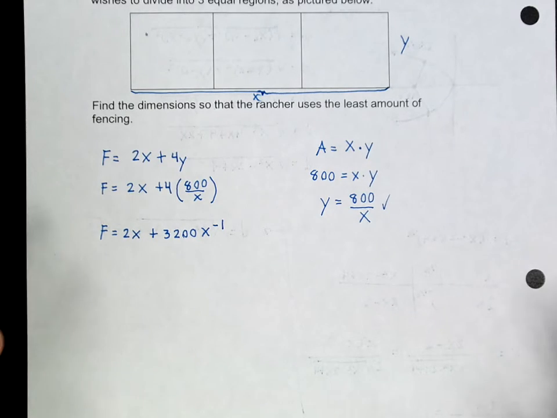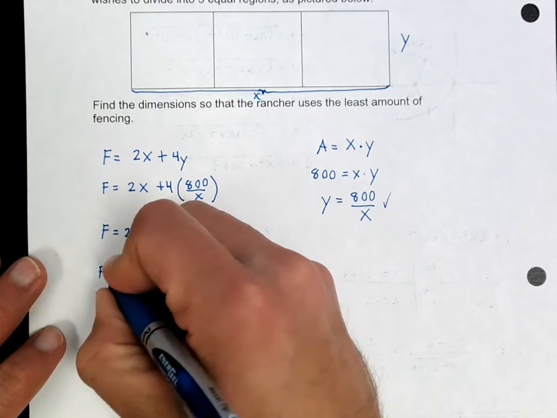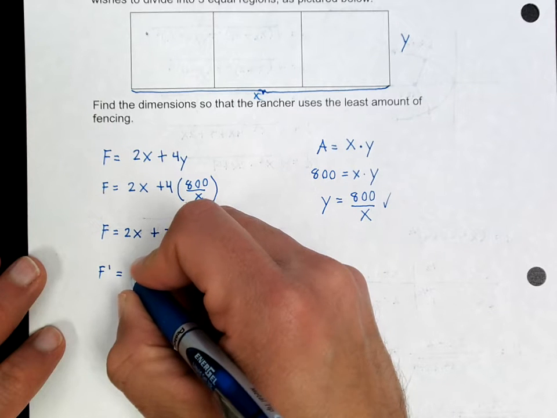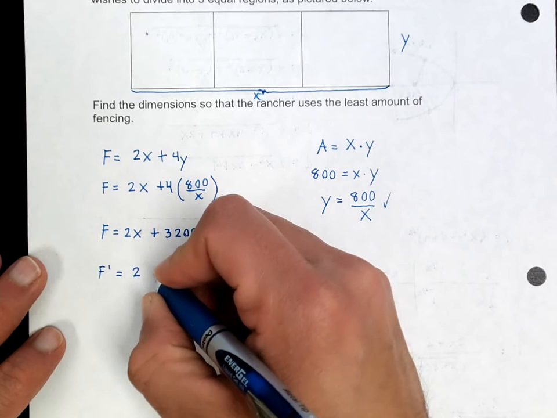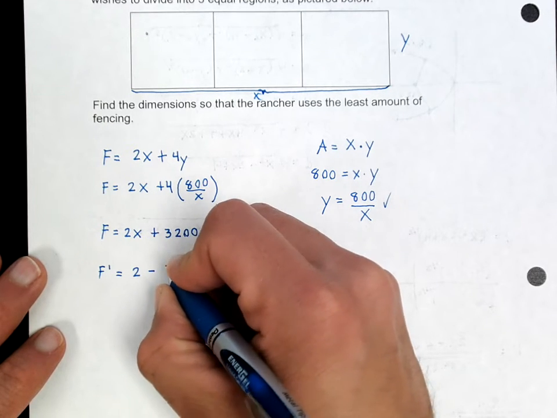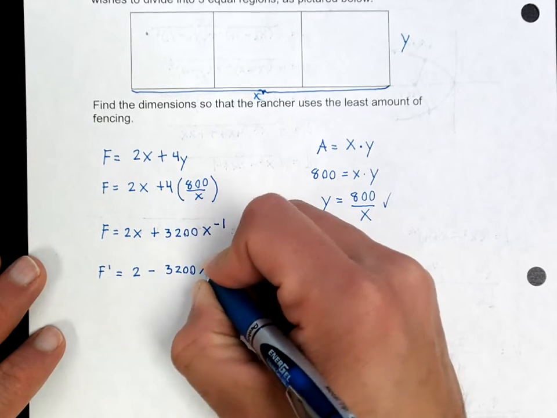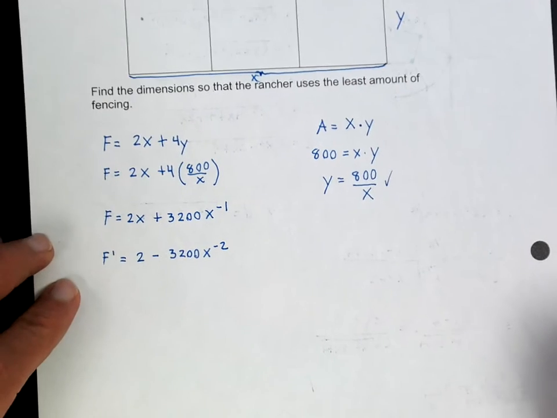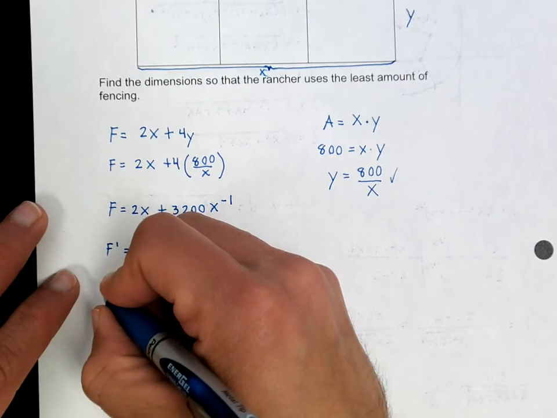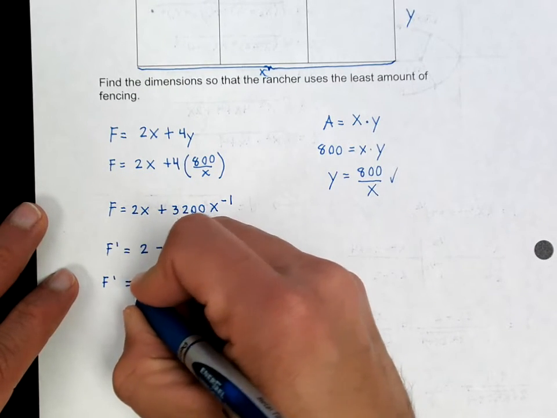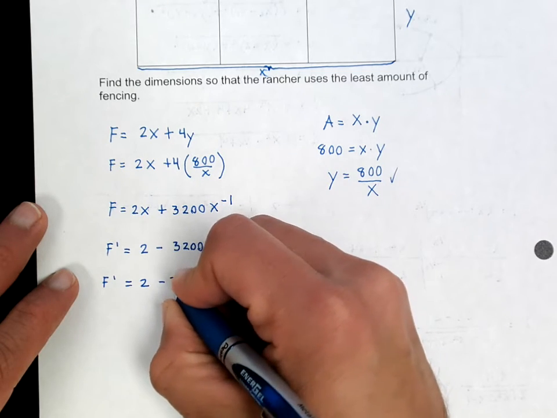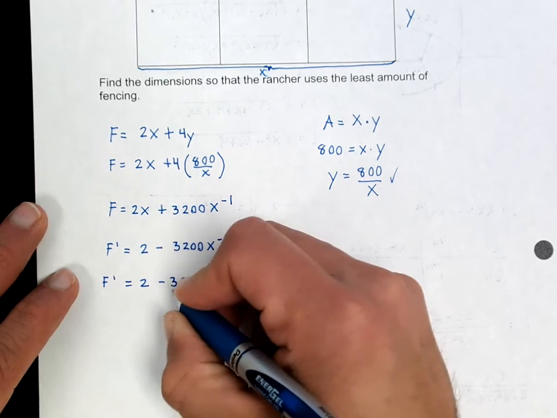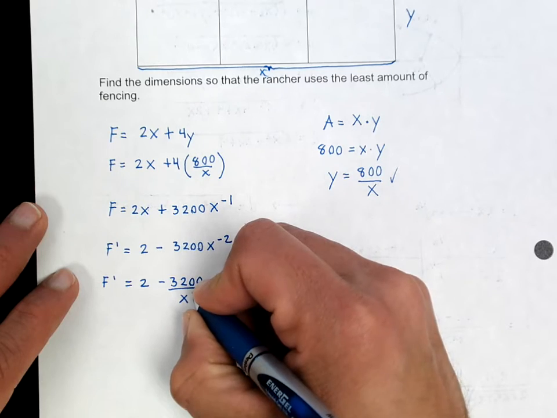Okay. So now if I take the derivative of this with respect to x, I'm going to have 2 minus 3200 x to the negative 2. So that's my derivative. Now I'm going to simplify this a little more. So this would be 3200 over x squared.